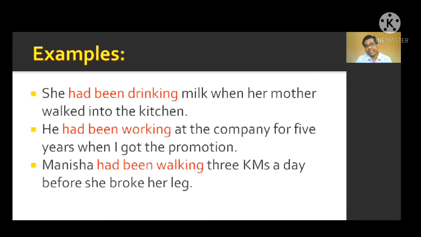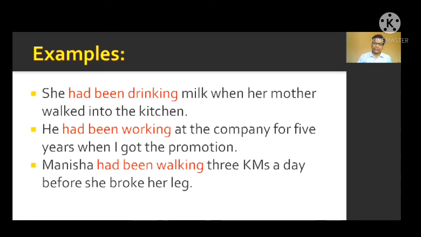She had been drinking milk when the mother walked into the kitchen. What was happening at that time? She came to the kitchen, she picked up the glass, she filled the glass with some milk, she started drinking it.